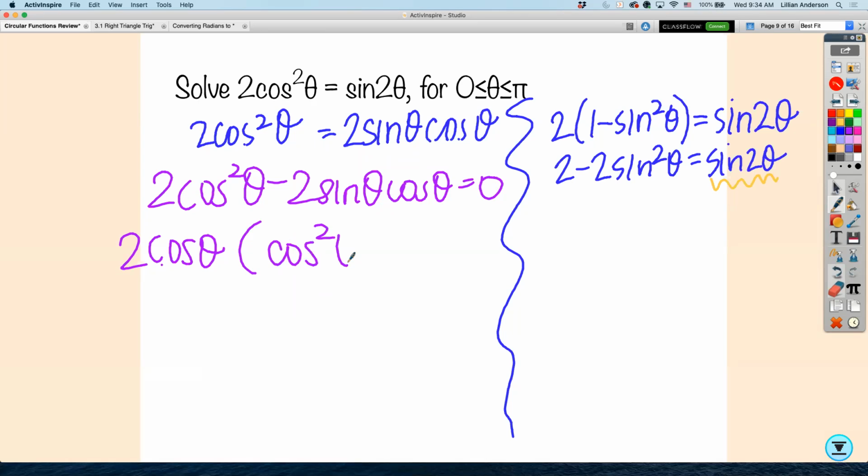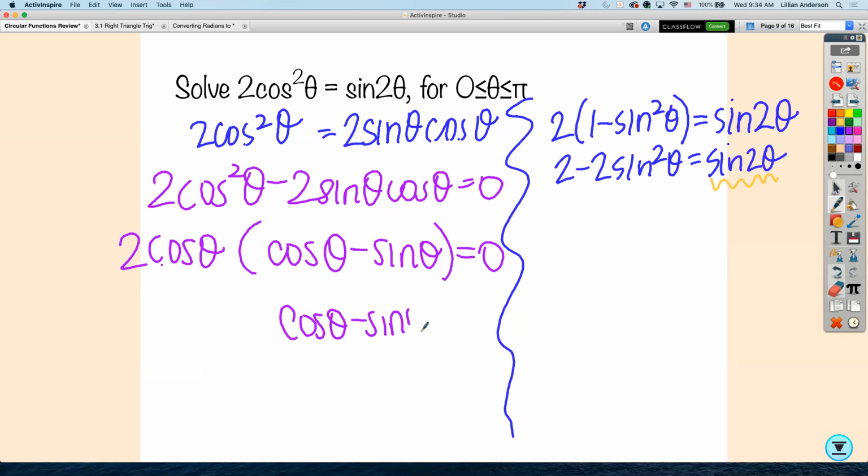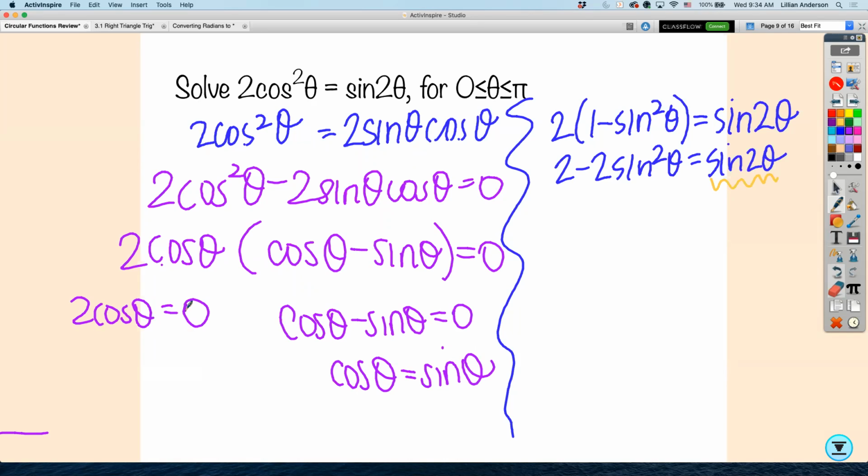Then you're left with cosine theta minus sine theta, and you still get that set of solutions when you set the inside equal to 0. There's that set of solutions that you had before, but now you also have this one as well. So theta is still pi over 4, but it is also pi over 2.